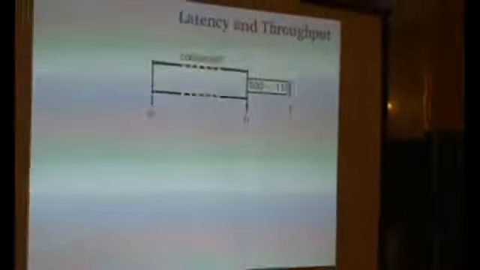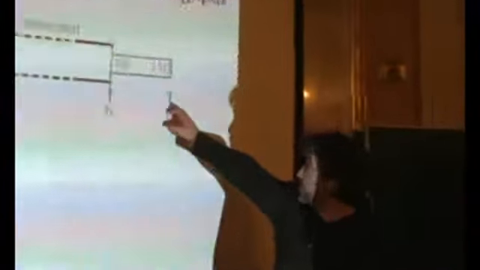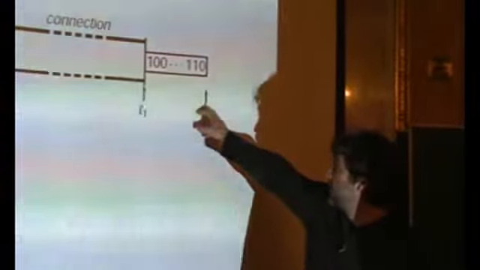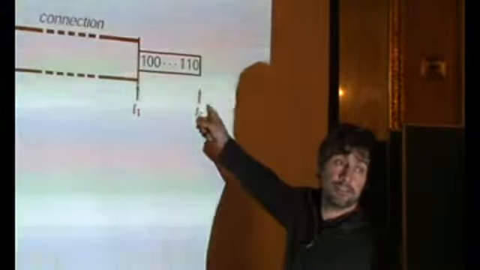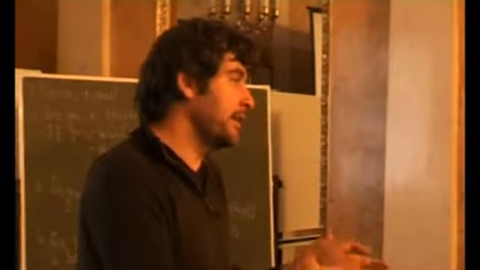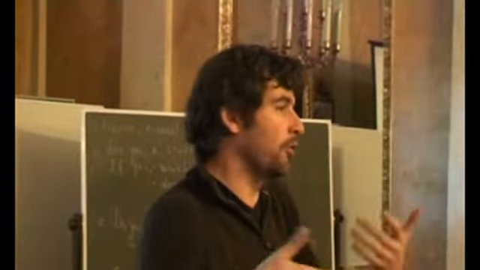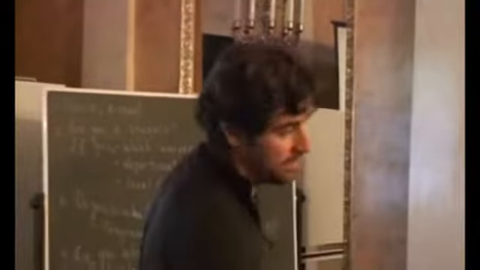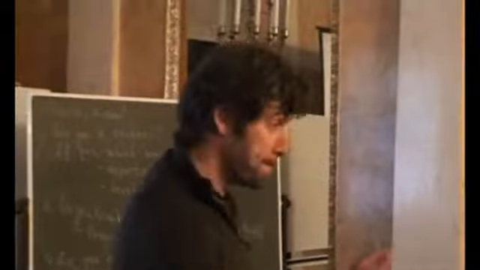And throughput is that other delta t, so it's the difference between the time the last bit exits minus the time the first bit exited, divided by the size. Okay, so it's bits per second. So the dimensionality of latency is time, the dimensionality of throughput is 1 over time, or bits over time, size over time. Okay, latency and throughput. Okay?